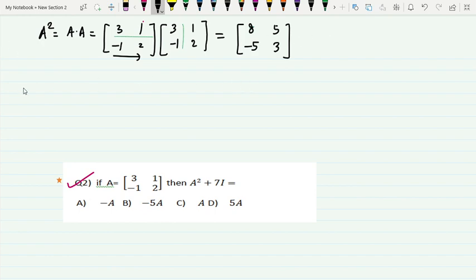This is what A square is. Then we are finding A square plus 7I.